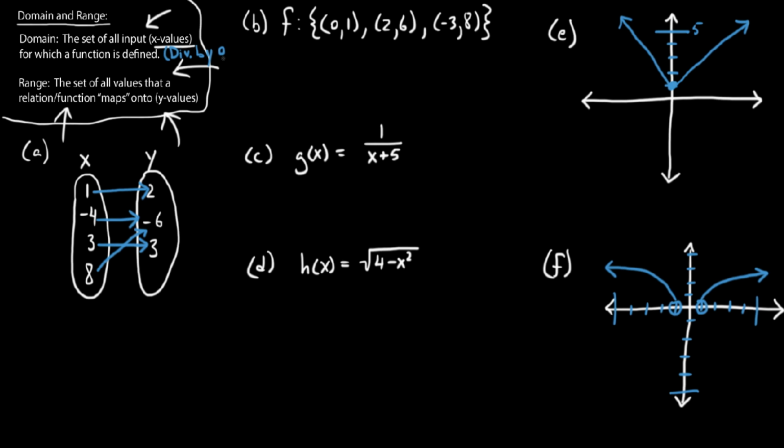So naturally, if the domain is the set of all input values or x values for which a function is defined, and we run across an x value such that when we plug it into a function, it doesn't spit out a y because it causes you to divide by zero, because your function's undefined there, we say that x value or x values would not be included in the domain.